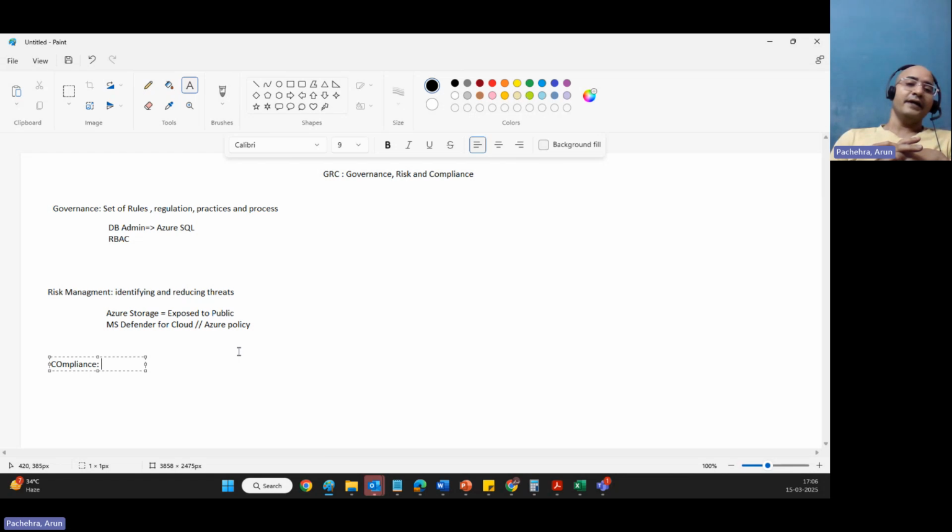For example, if you join the Indian Army, you have to wear that uniform, with all your weapons and everything, because you have to maintain that compliance.